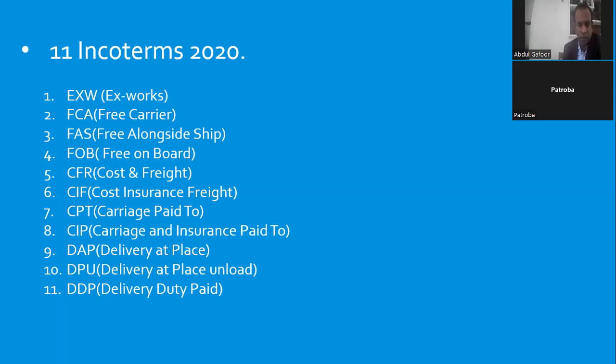So this is actually the new rule used by the ICC, but don't think it is only for land freight. Most of the time they use it for land freight because of the risk.